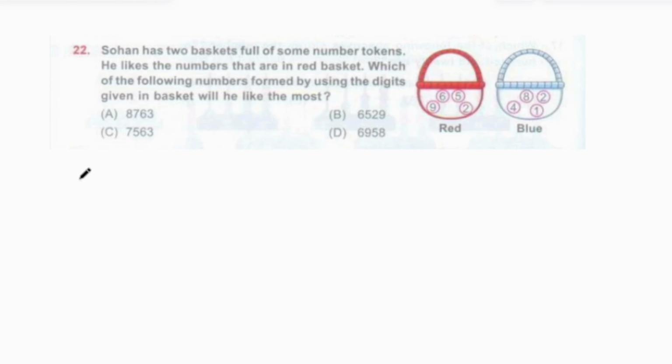So let's write down the numbers that are there in the red basket that Sohan likes, which is 9, 6, 5 and 2. These are the numbers that he likes.